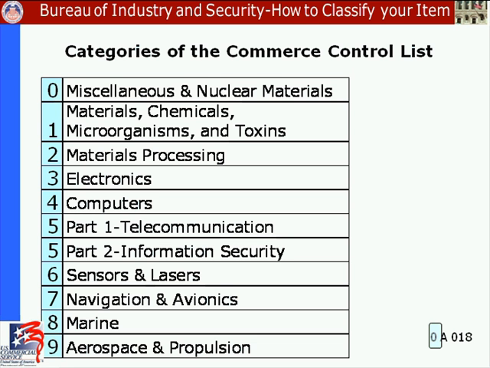And Category 7 are navigation and avionics, and most of this equipment is carried in the aircraft. We have inertial navigation systems in Category 7. And we have accelerometers in Category 7. An accelerometer measures the acceleration, then you can know the speed of the airplane based on how much acceleration accumulated. And Category 7 also has gyros in 7A002.